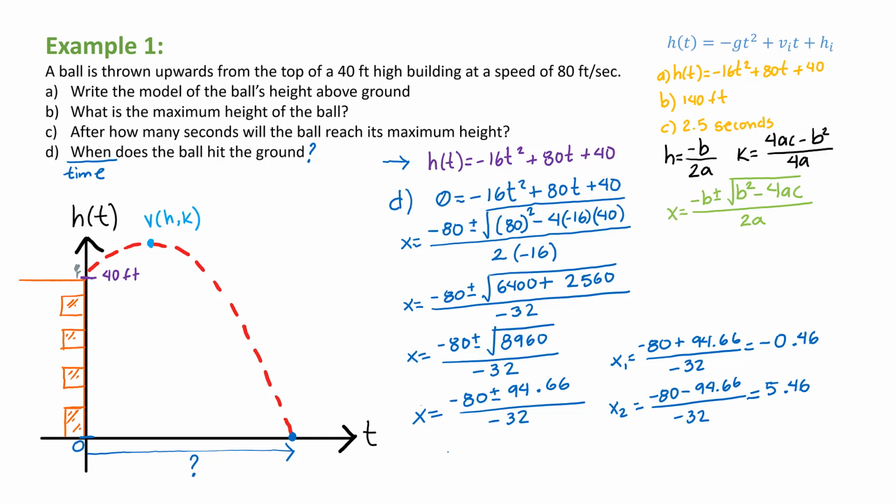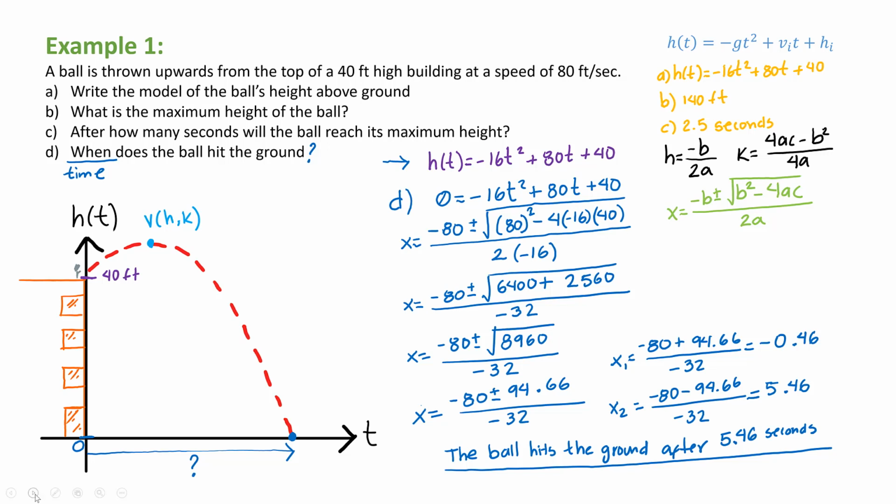That means that the ball hits the ground after 5.46 seconds. Okay, so now we answered all of the questions of this problem by using the quadratic model that we built. Now let's answer a shorter example.